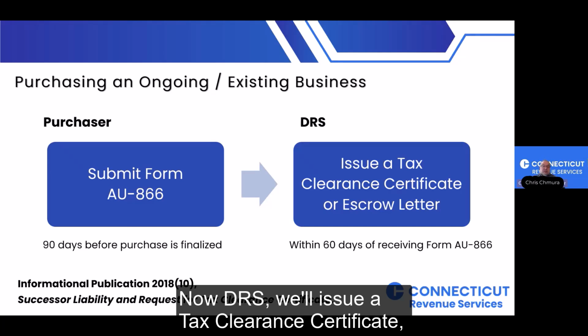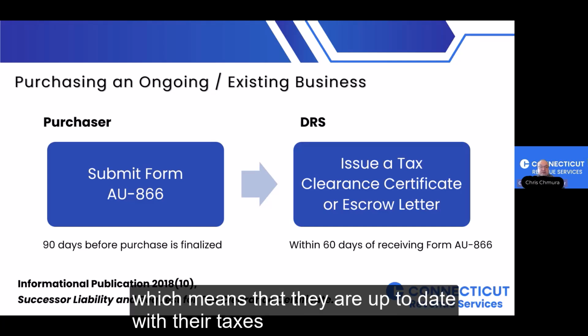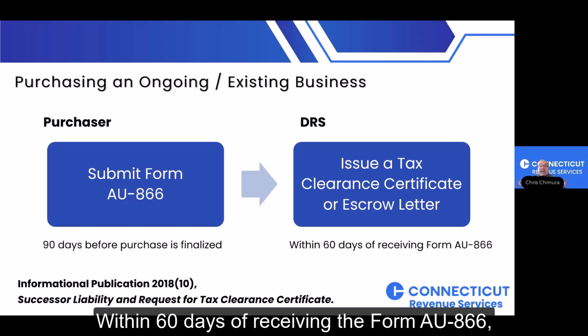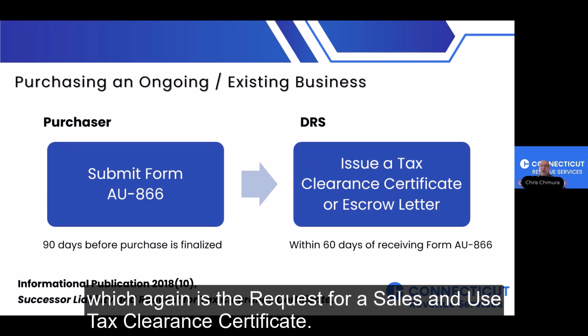DRS will issue a tax clearance certificate, which means that they're up to date in the taxes, or an escrow letter, which means there could be outstanding taxes, within 60 days of receiving the form AU 866, which again is the request for a sales and use tax clearance certificate.